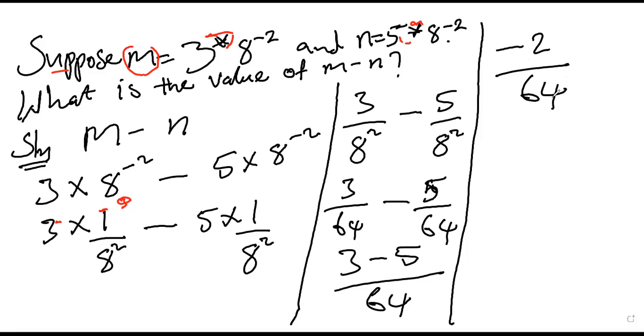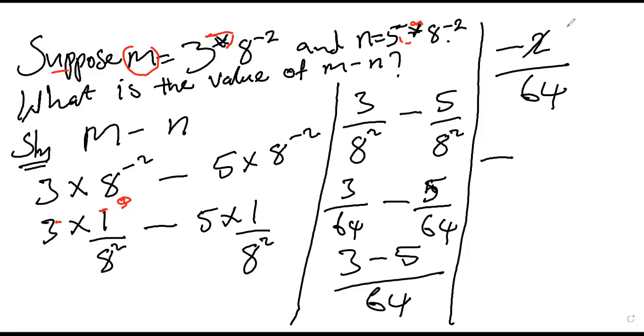Now, we cannot leave this like this. According to the law of fractions, we can't leave this like this because we still have something that can go into both of them, like 2 can go into 64, right? So we still have something common between them. So we're going to put the minus right here. The numerator and the denominator are going to share the minus sign. So we say, how many 2s do we have in 2?